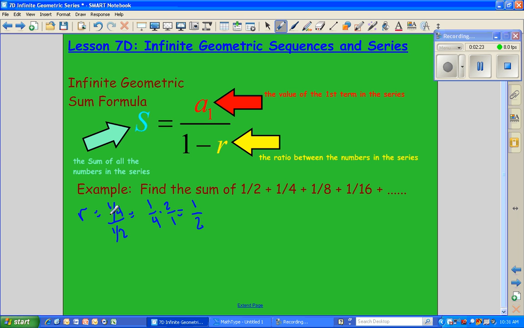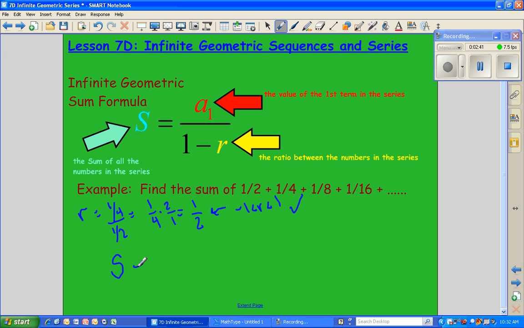And then you could do 1/8 over 1/4, and you're going to get the same thing, 1/2. So is 1/2 between -1 and 1? And it is.